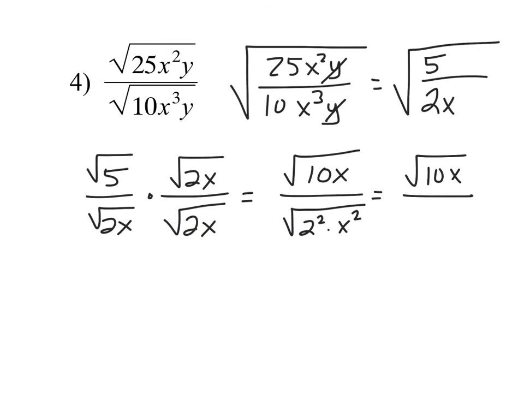On the bottom, both the 2 and the x come out, and there's no more root in the denominator. Now, as I look at this, can I simplify anything on top? Nope, because this is all inside the root, and that's all outside the root. So this is my simplified final answer. Now you should be able to complete page 3 of the class kick examples with variables.